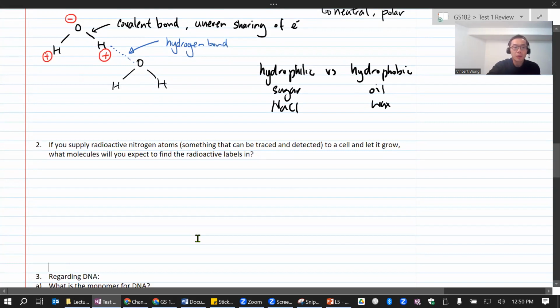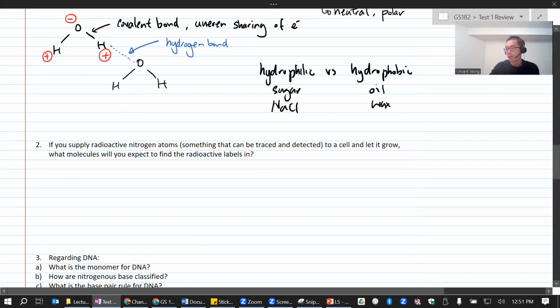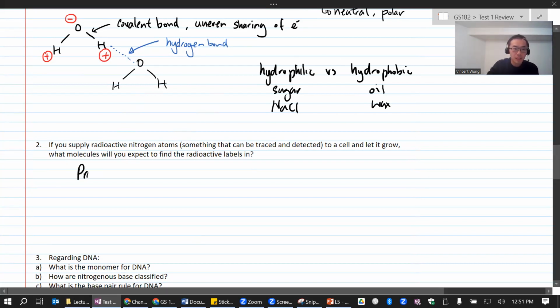If you supply radioactive nitrogen atoms, something that can be traced and detected, to a cell and let it grow, what molecules will you expect to find the radioactive labels in? This is basically a question that asks you what molecule contains nitrogen. Of the 4 macromolecules that we learned, which ones contain nitrogen? Protein, yeah, that's right.